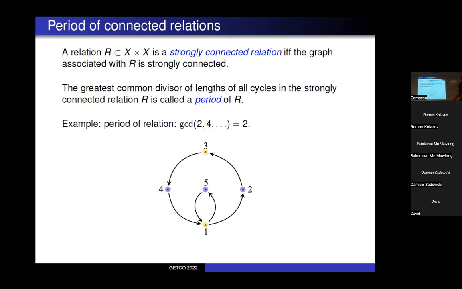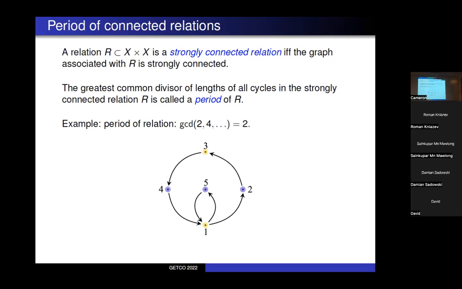Now let's have a look at some more graph-theoretic notions. I call a relation strongly connected if the associated digraph is strongly connected. The period of a strongly connected relation is the greatest common divisor of the lengths of all cycles in that graph.